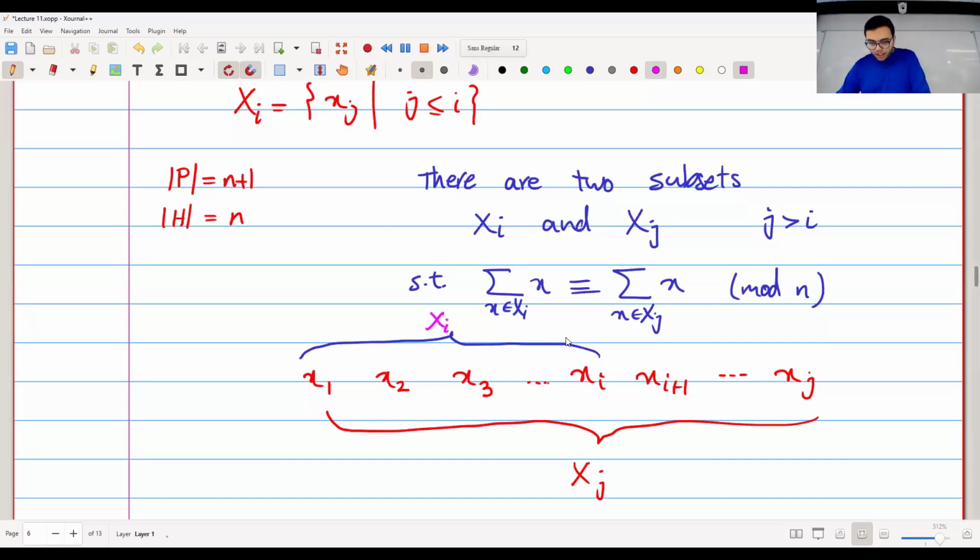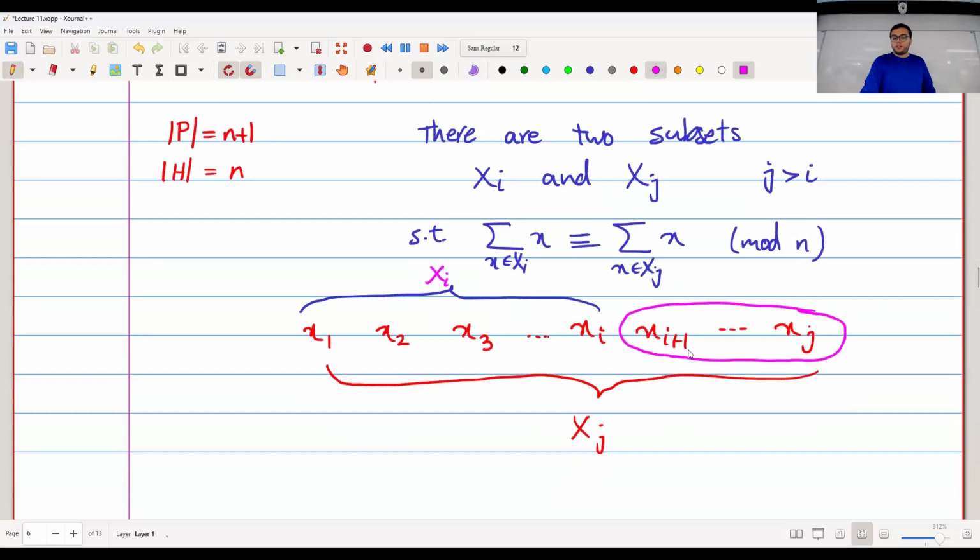So I can just subtract them. I can just take these elements, and their sum has to be a multiple of n, because the sum of these first i elements had the same remainder as the sum of all the j elements. So this part has to be a multiple of n. So I found a subset whose sum is a multiple of n.